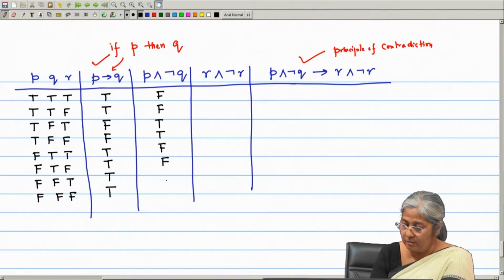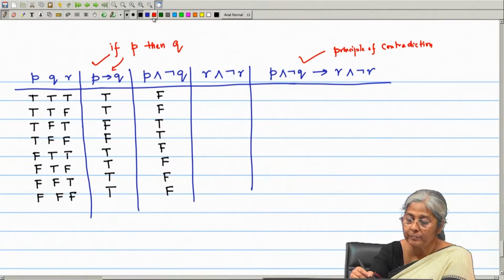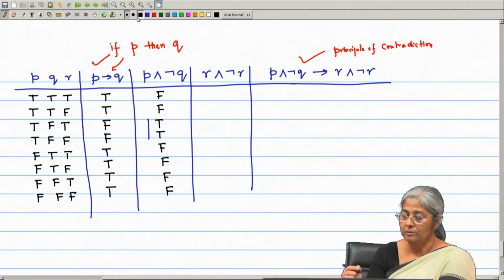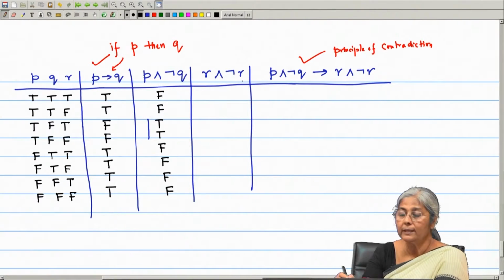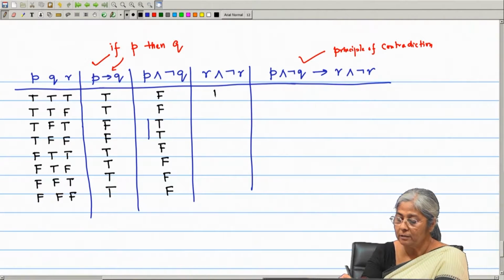Again these are false. So, except these two, these are false. What is R and negation R? Always false. R and negation R is always false.